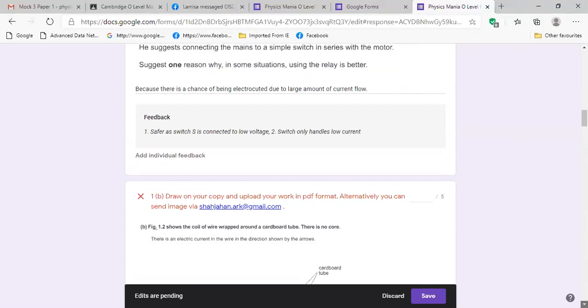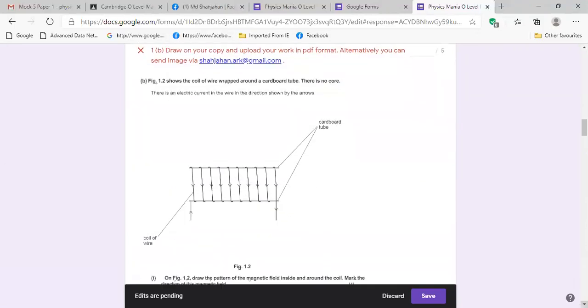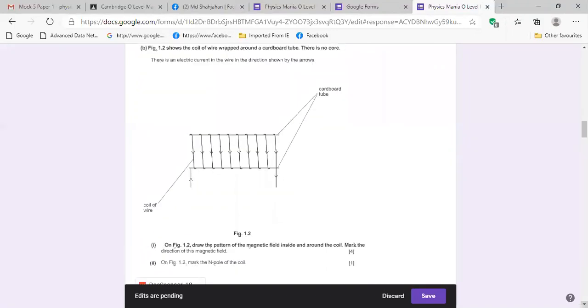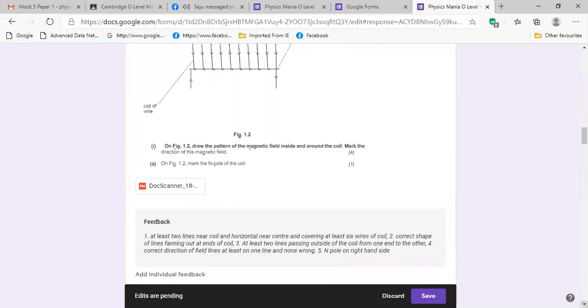So when you get the feedback, you can compare your answer, right? And it's permanent in your email. This time I made the paper in a way so that you can have the feedback clearly. I gave it built in.